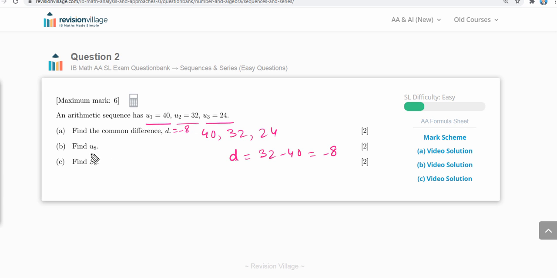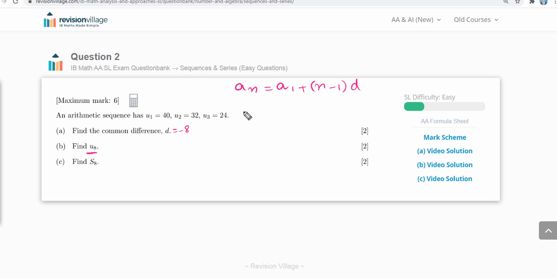Now to find the eighth term, we will use the formula for the nth term of an arithmetic sequence: an equals a1 plus (n minus 1) times d. Because we are looking for the 8th term, I'll write u of 8 equals the first term 40 plus (8 minus 1) times the common difference, negative 8.